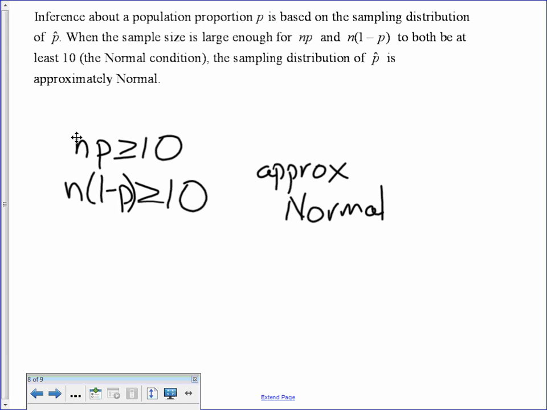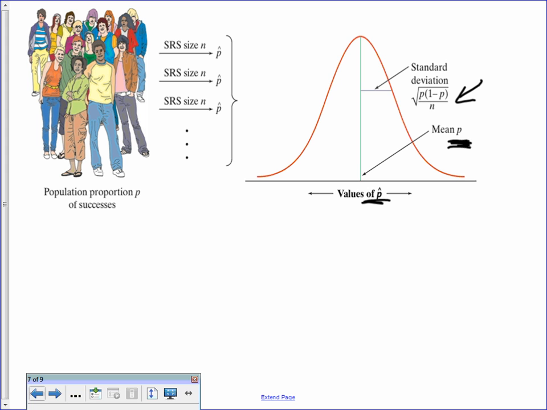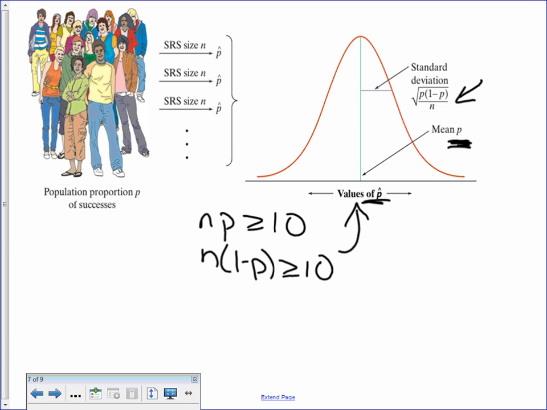Now we're getting into the who cares about this. But now, if we go back one, that means that as long as n times p is greater than or equal to 10, and n times 1 minus p is greater than or equal to 10, then this is a normal distribution.